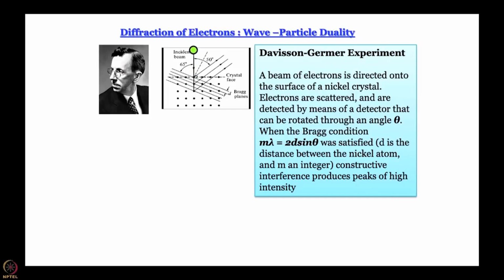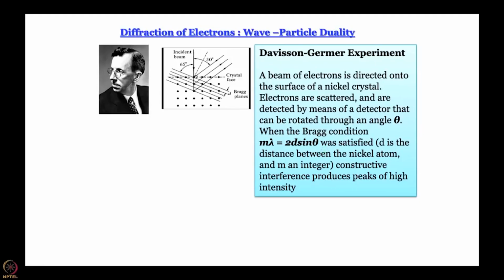So, the collimated beam of electrons was made incident on a nickel crystal, and then the dispersed electrons were detected by a detector that could be rotated through an angle theta, and it was found that a diffraction pattern was obtained according to n lambda, or what is written here is m lambda equal to 2d sin theta.